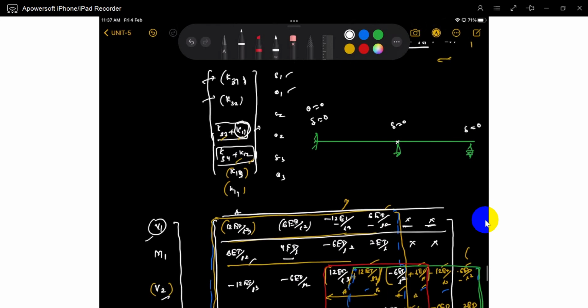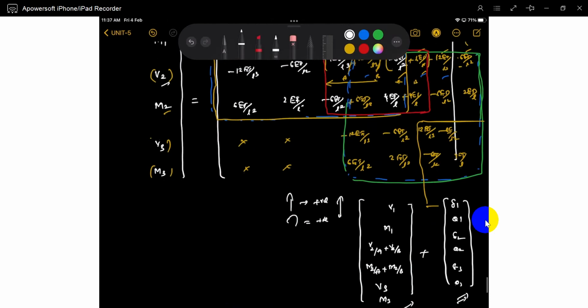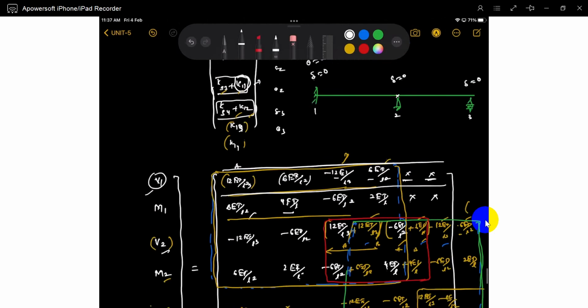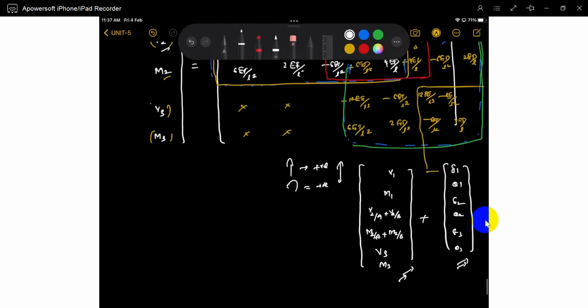Now you can take this as element 1, this is 2, this is 3. At these 3 nodes, delta 1, delta 2, delta 3 are zeros. 4 zeros are understood. Now you can strike out those zeros, only 2 will remain.